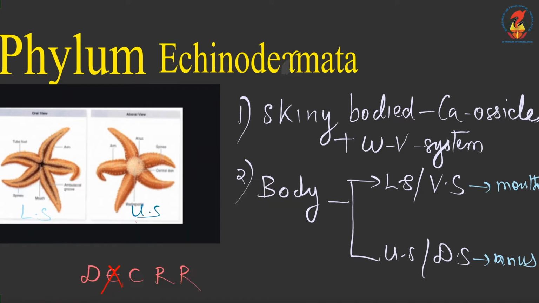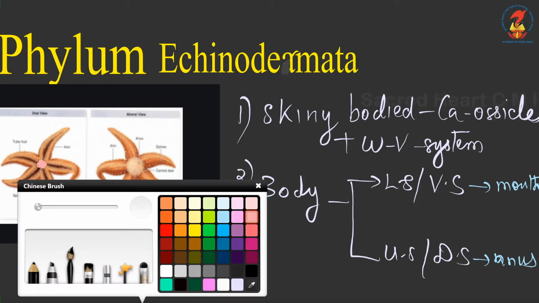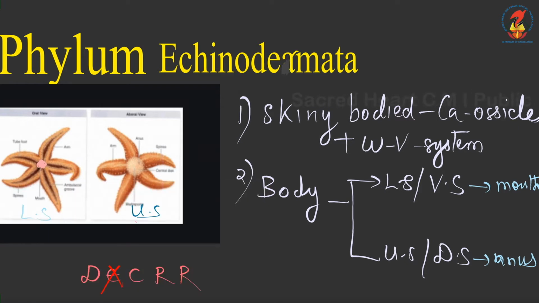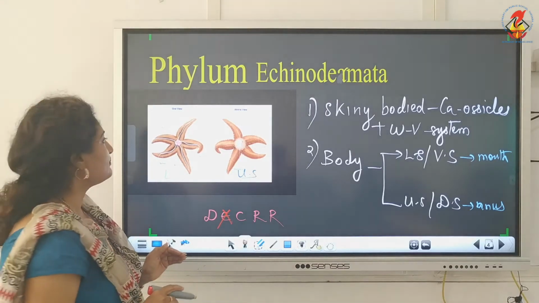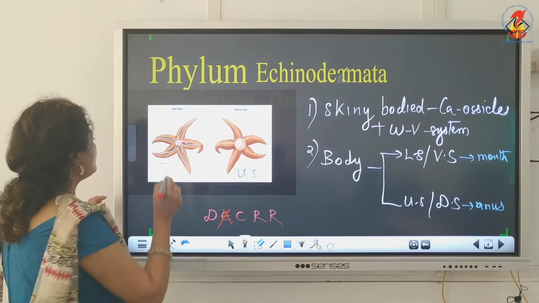See, here is the mouth. Radiating from the mouth there are grooves, and these grooves are going to the 5 arms, and these grooves are lined by small structures called tube feet.